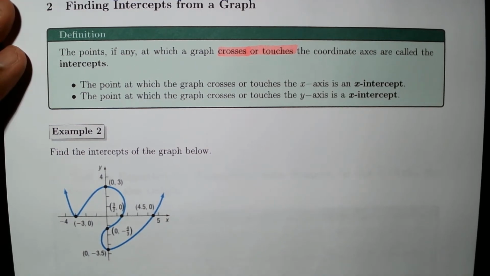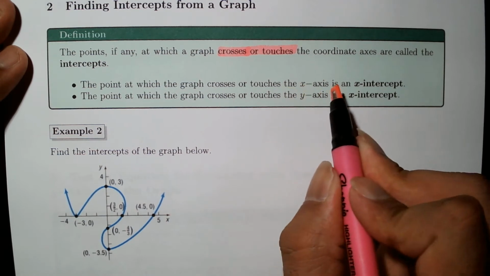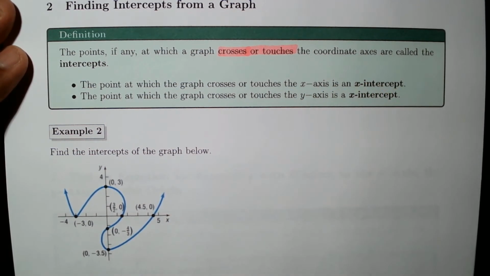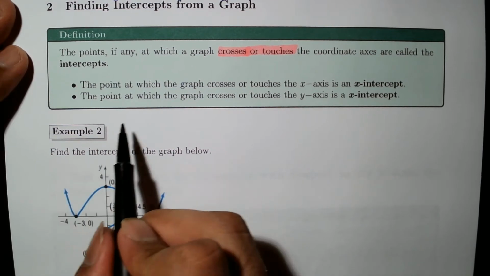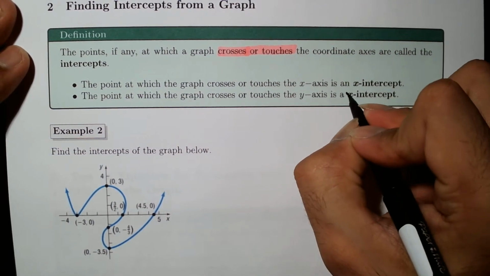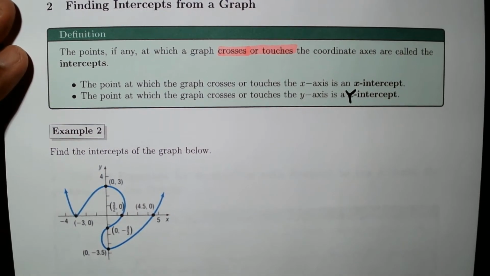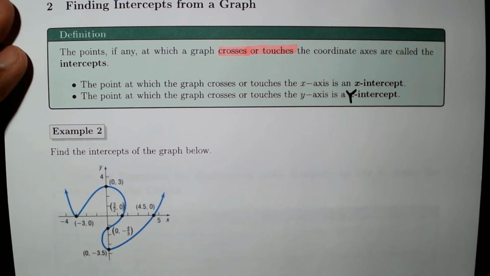The point at which the graph crosses or touches the x-axis is called the x-intercept, and the point at which the graph crosses or touches the y-axis is the y-intercept. There was a little typo here; it's supposed to be y-intercept.